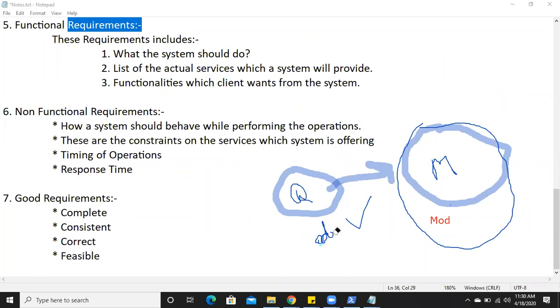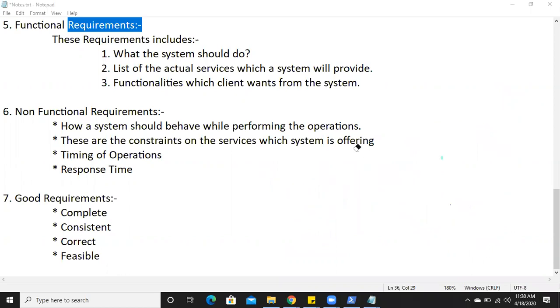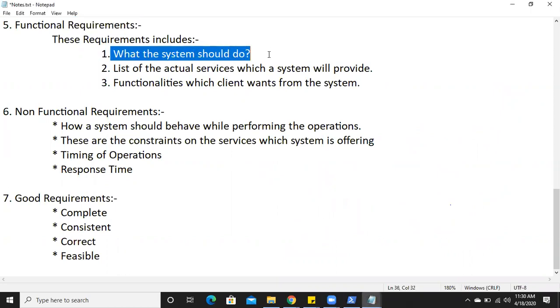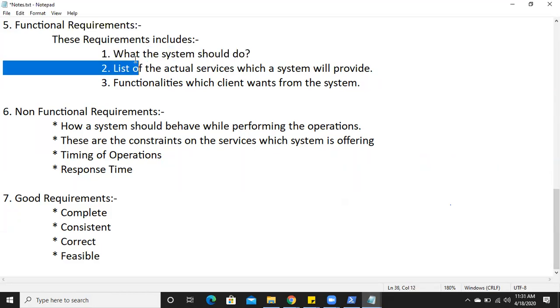So what are functional requirements? Functional requirements are those requirements expected by a particular client from an organization, that the organization will give me my system ready with all the requirements I have mentioned to them. I have given three points here. The first is what the system should do.